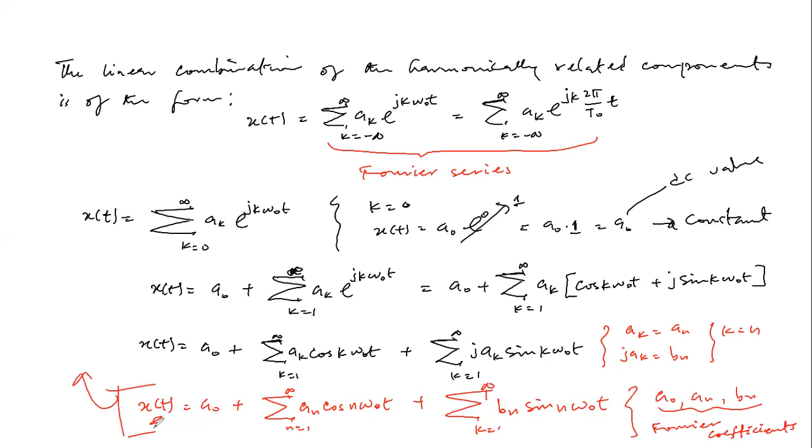So, for us to evaluate the coefficients a naught, a sub n, and b sub n, the first thing we want to do here is a naught.